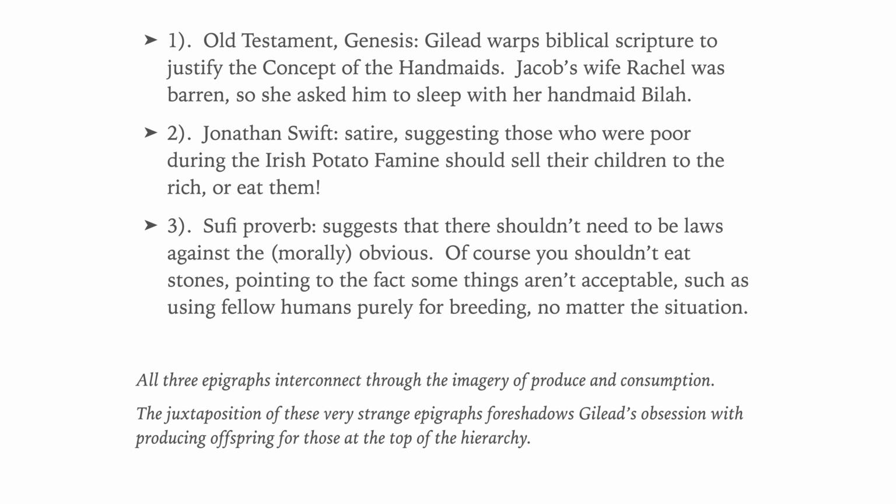One should not force the handmaids to reproduce with somebody who isn't their partner. Surrogacy is one thing in our modern society, but this is a very warped version of it. Equally, Swift's satire, his humour, again links to the idea of having a callous concept of what it is to produce and rear children.